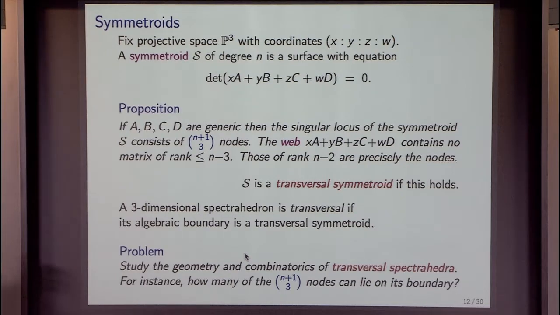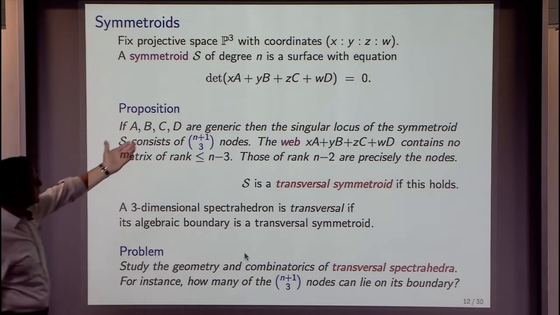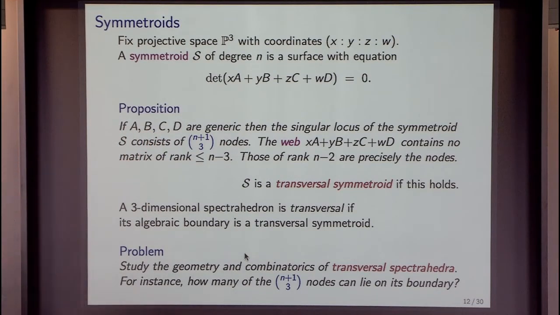It's a little proposition. If the coefficient matrices A, B, C, and D, which are real n by n symmetric matrices, are generic, random, in a dense open set, then the singular locus of this surface consists of n plus 1 choose 3 nodes.